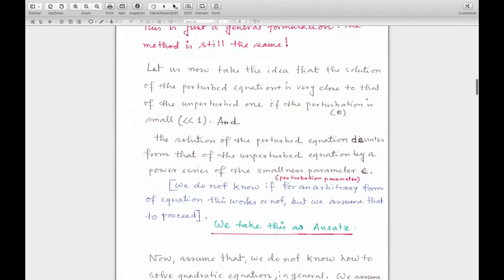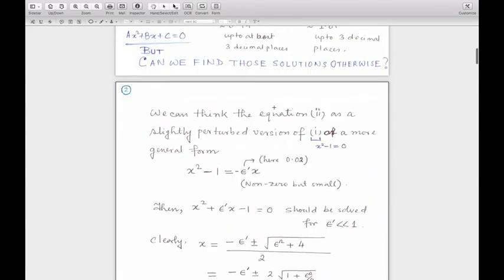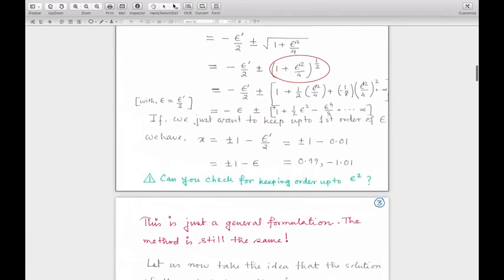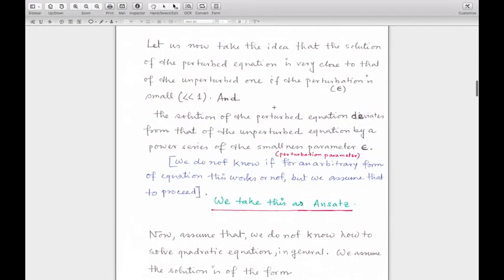The first one is that the perturbed version just deviates from the unperturbed version by a very small contribution, a very small term. For us this was minus epsilon prime times x, or you can take any other type of thing.